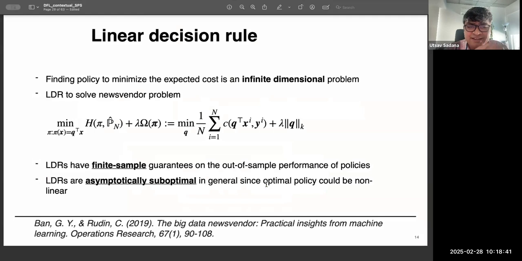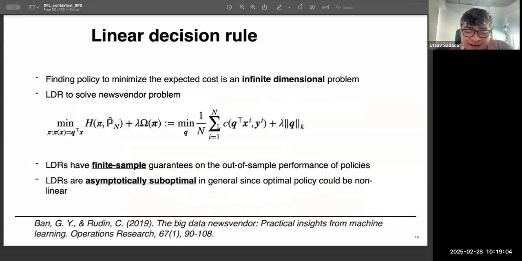Now the thing is, this policy optimization problem is an infinite dimensional problem. So what we need to do is fix the class in which we search for our policy. In this famous paper by Ban and Rudin, they consider linear decision rules. So your policy is linear in the features, which are these x's.